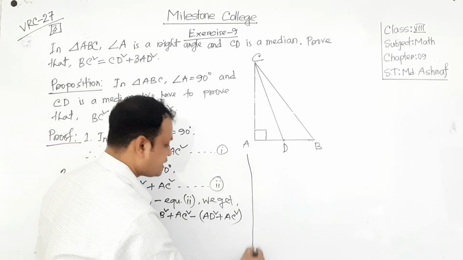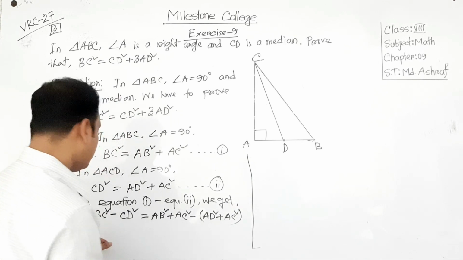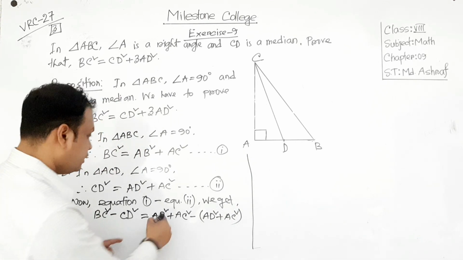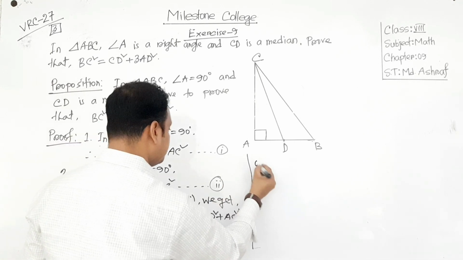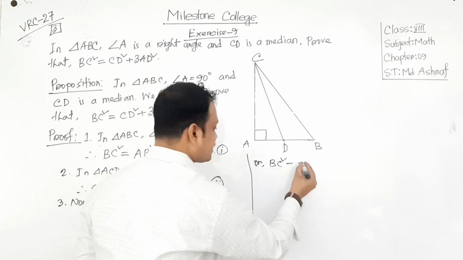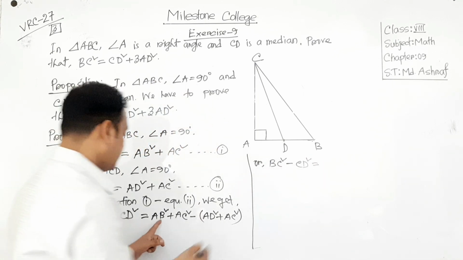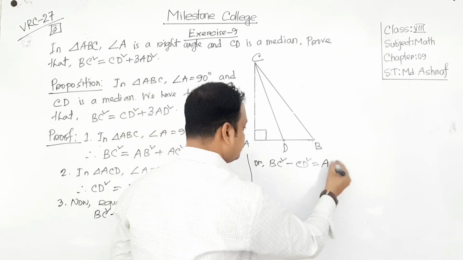Then we calculate this: BC square minus CD square equals AB square plus AC square.